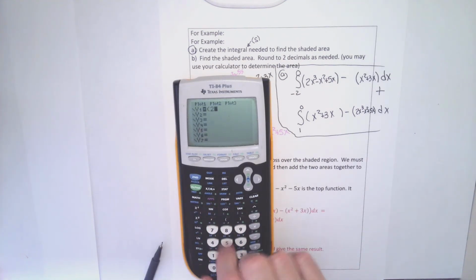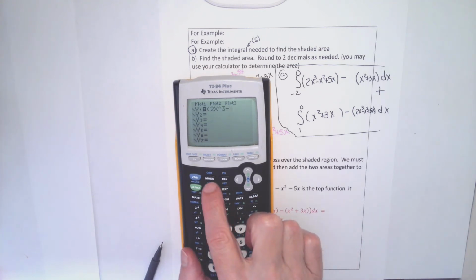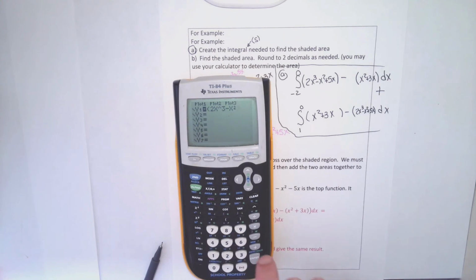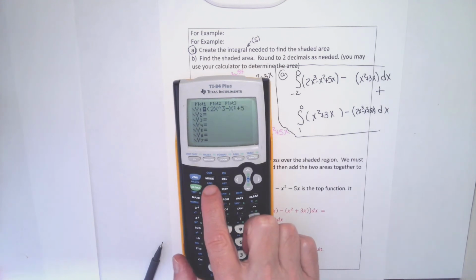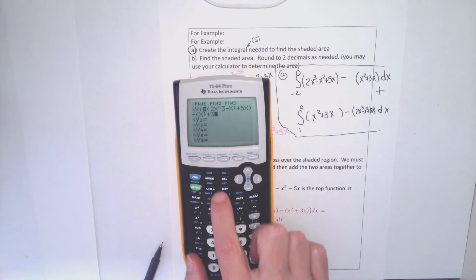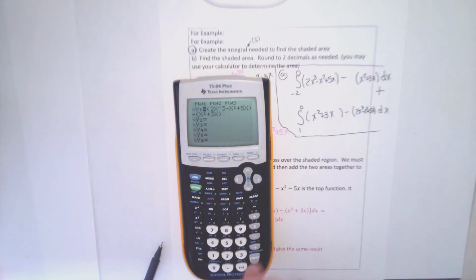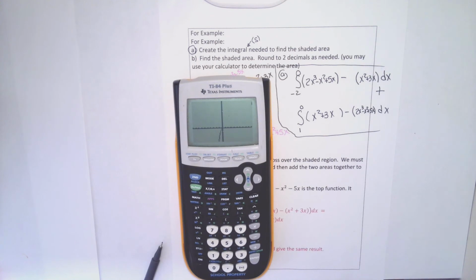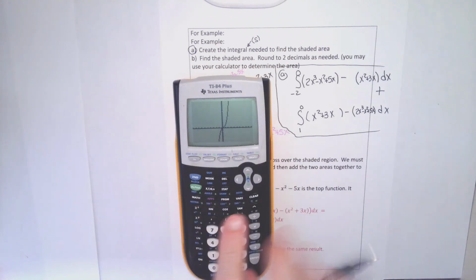So let me try again. 2x cubed minus x squared plus 5x, close my parentheses, minus parentheses x squared plus 3x, and graph it. It's the same graph. Something is happening. It's not going to work.